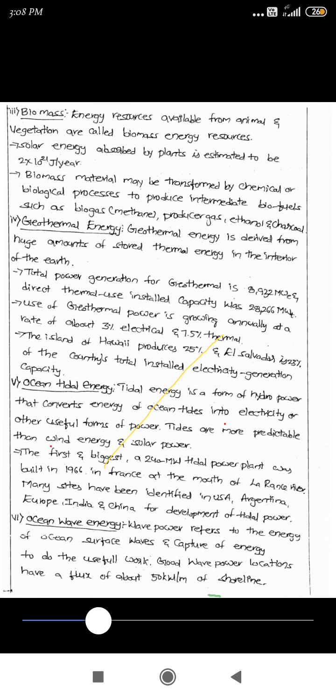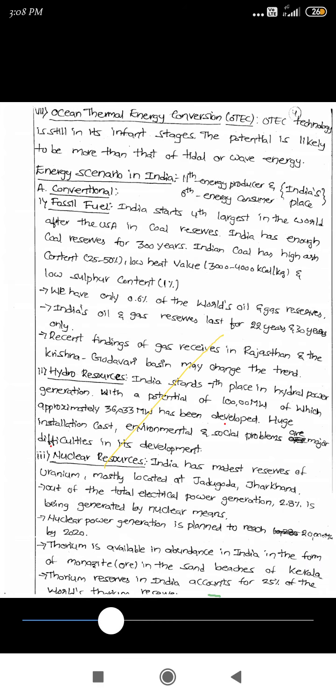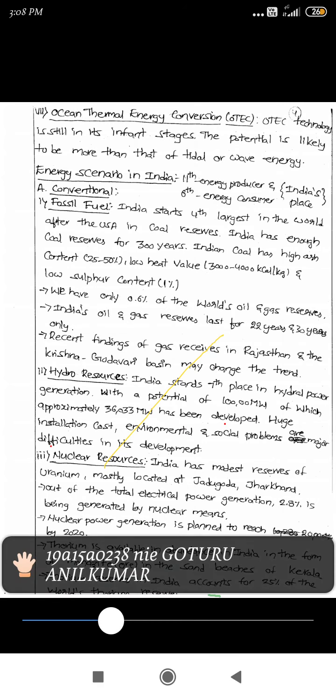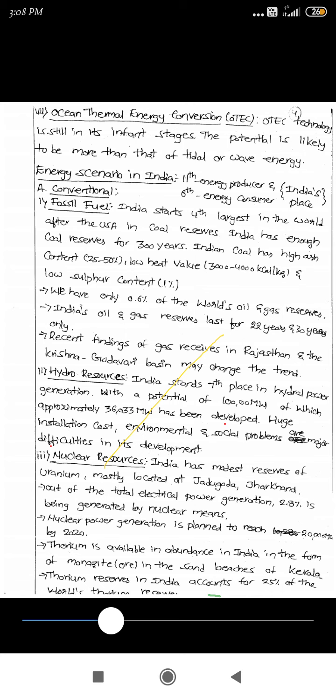Okay, and next geothermal energy, ocean tidal. We have already discussed tidal energy, and next is ocean wave energy. Now heat is also a free-of-cost energy source. Next, ocean thermal energy conversion. This technology is still in its infant stages.